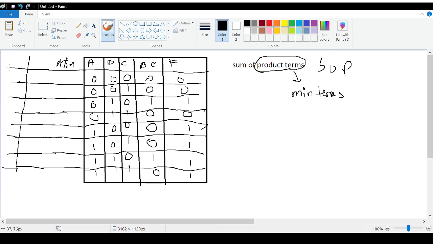I don't have the pens right now with me, so I'm having to use my mouse. Now I'm going to write the min terms. I'm going to use this column later.